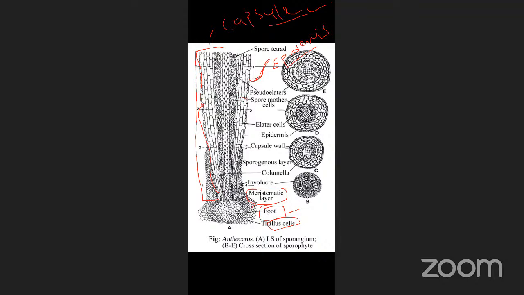Next, sporogenous tissue, the spore region. In the middle, the center, is the columella. Either side is the same: spores and spore mother cells, sporogenous tissue, chlorogenous tissue, and epidermal cells.